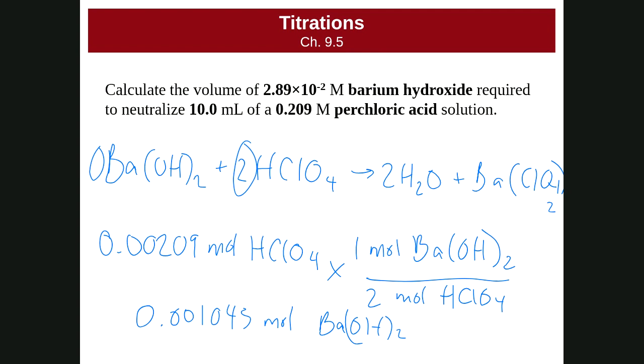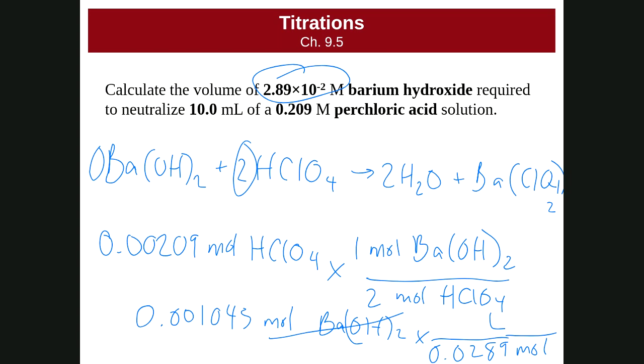And if we have a 2.89 times 10 to the negative 2 molar solution, that means we want to divide by that. 0.0289 moles per liter. I just converted that to standard form and not scientific form.